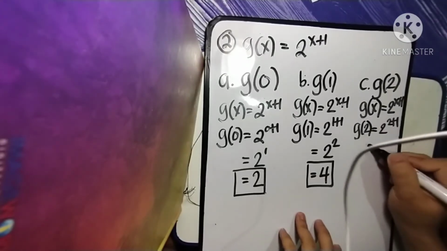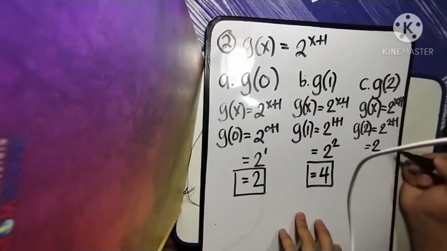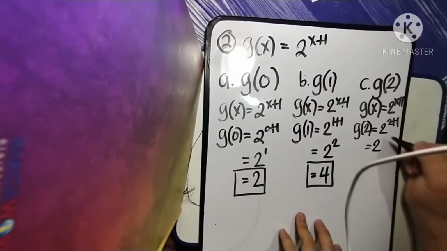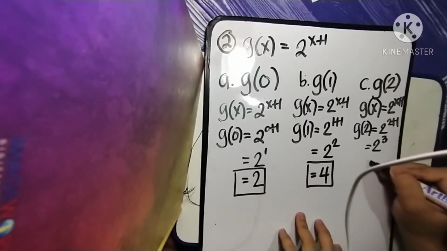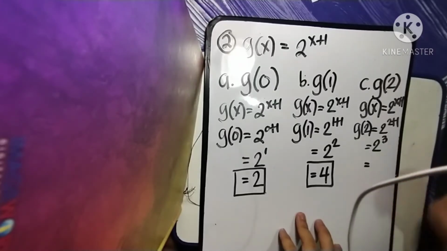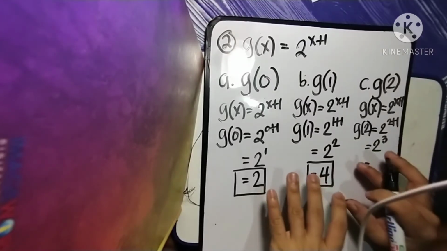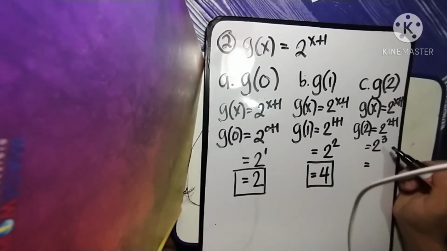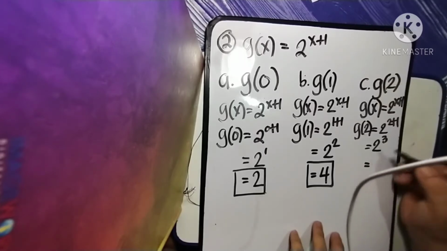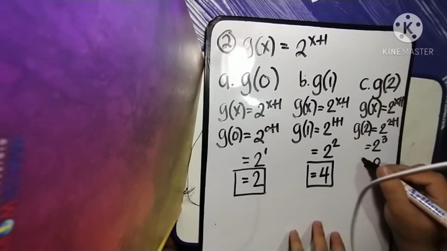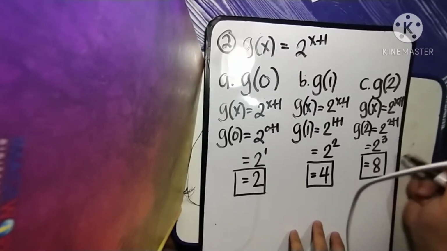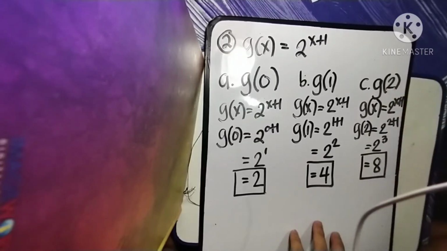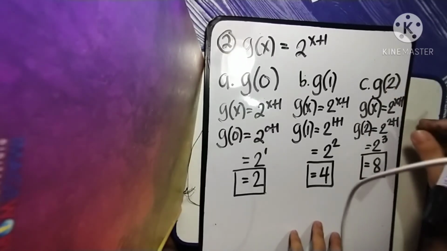Okay, then simplify. Copying base, which is 2, then 2 plus 1 is equal to 3. Now, 2 to the power of 3 or 2 cubed can be written as 2 times 2 times 2. Meaning to say, we need to multiply 2 by itself 3 times. Okay, so 2 cubed is just equal to positive 8. So therefore, if x is positive 2, then the value of our function is positive 8.